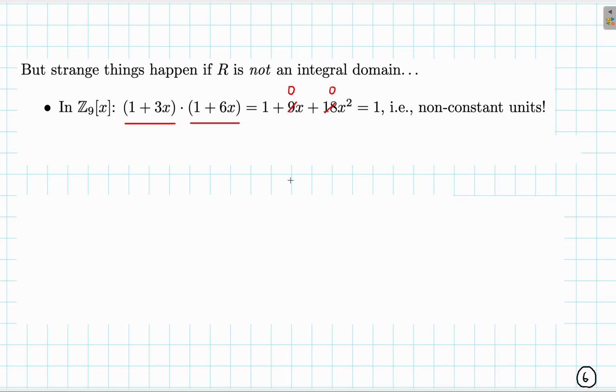In other words, we have a pair of non-constant polynomials that are multiplicative inverses of each other. And that's rather strange.